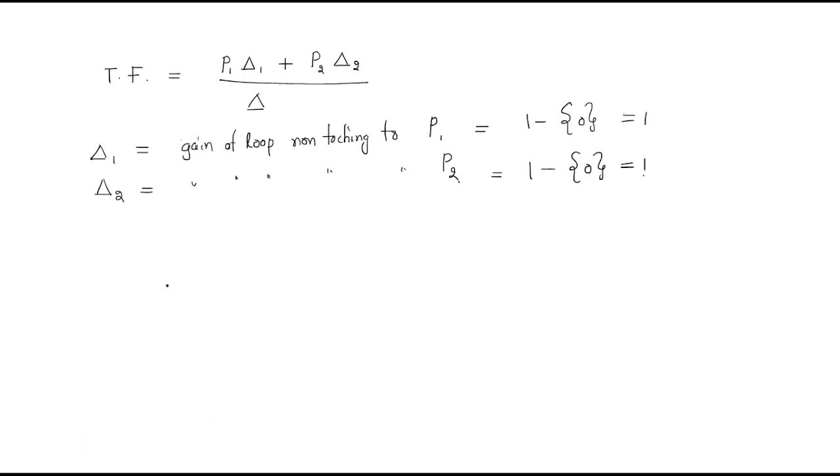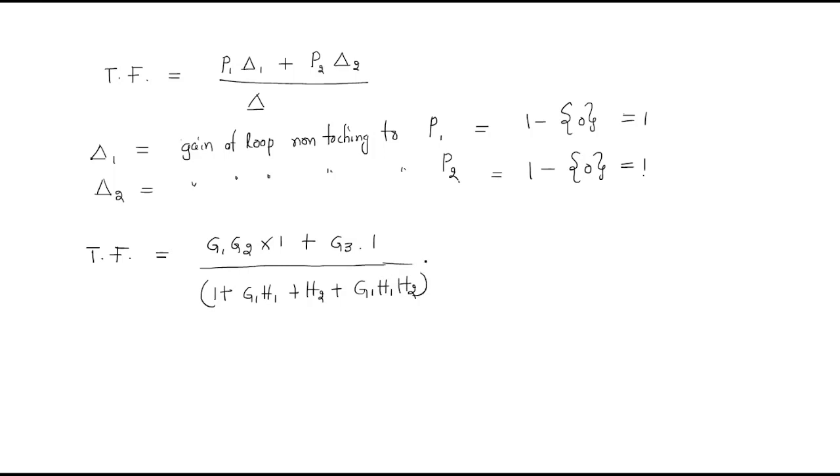So finally I can write the transfer function: P1 value is G1 G2 and del 1 value is 1, P2 value is G3 and del 2 value is also 1, by del, which is 1 plus G1H1 plus H2 plus G1H1 into H2.